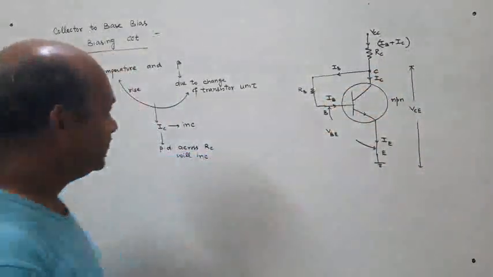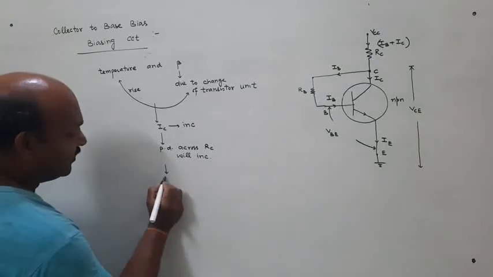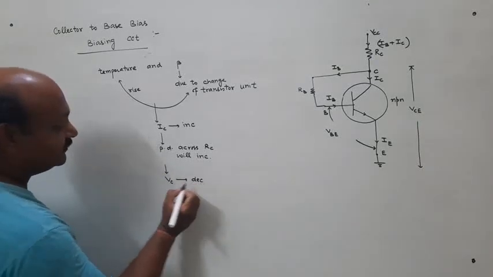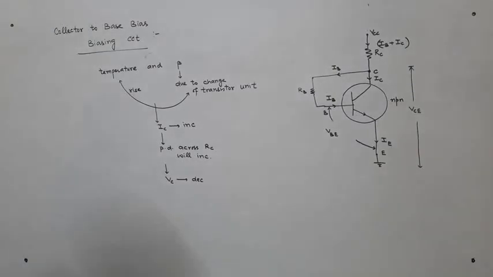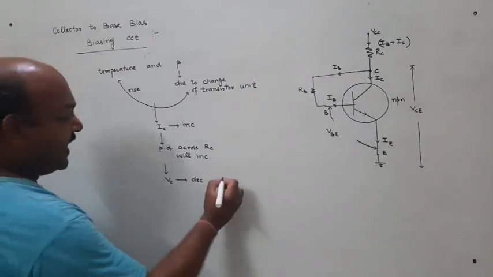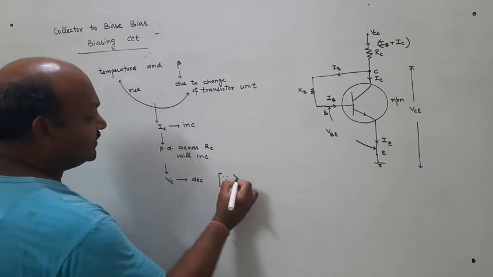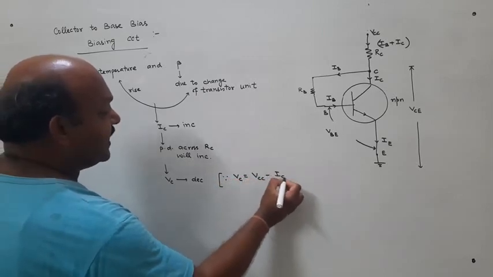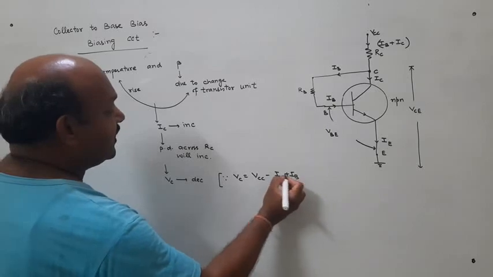Due to this, the potential at point C will decrease, because potential at point C is equal to VCC minus (IC plus IB) RC.